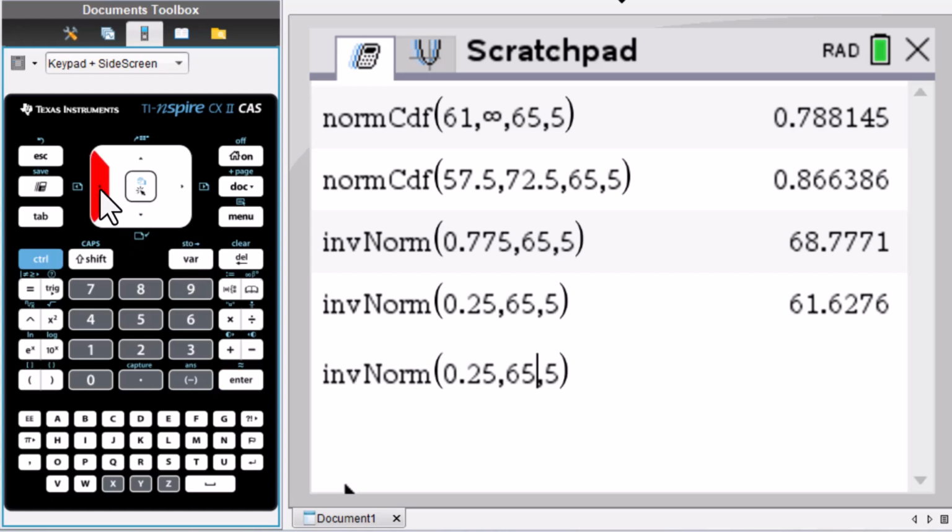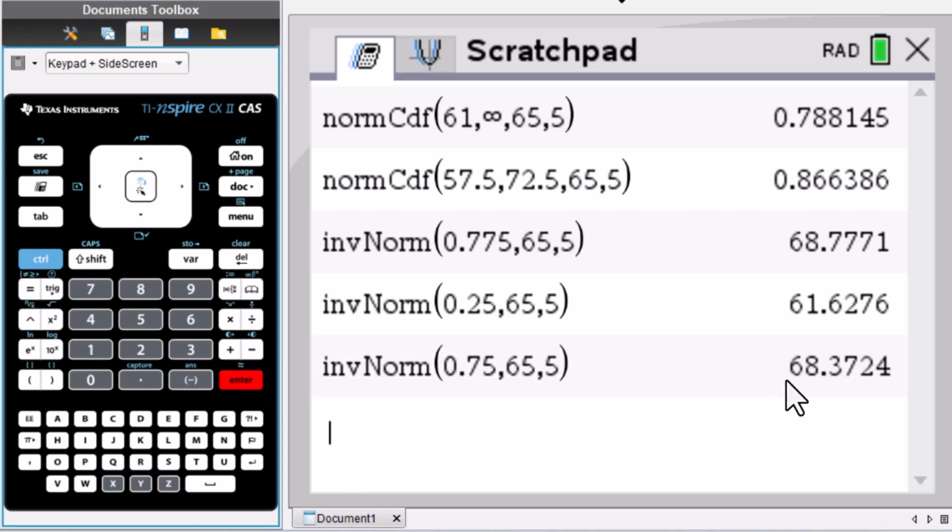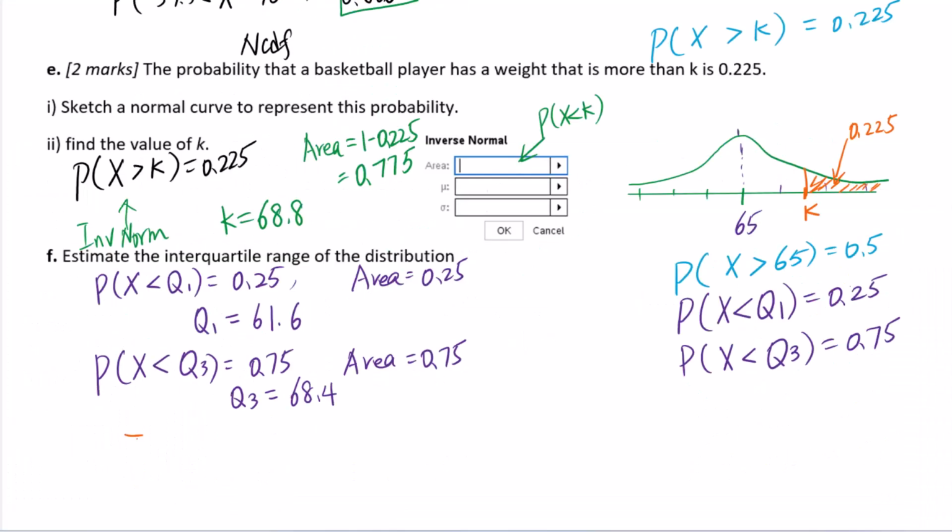Change 0.25 into 0.75. Enter. Answer is 68.4. So interquartile range equals Q3 minus Q1 equals 68.4 minus 61.6 equals 6.8.